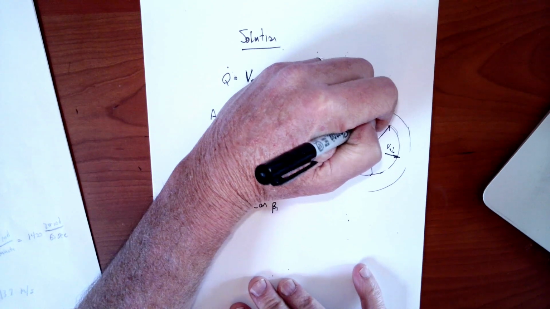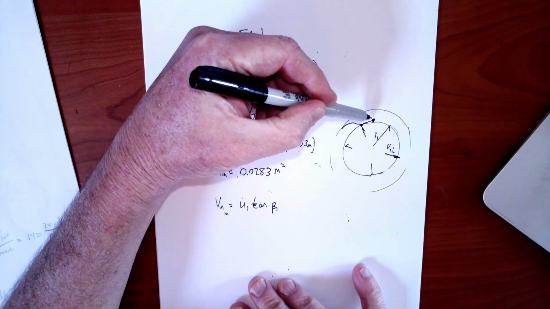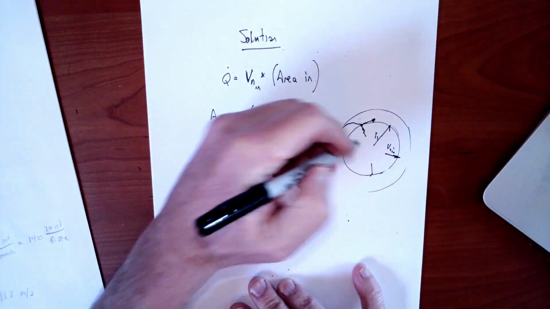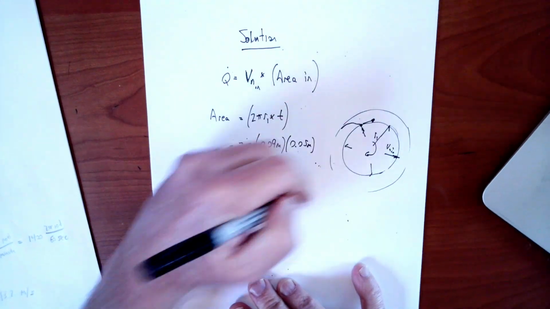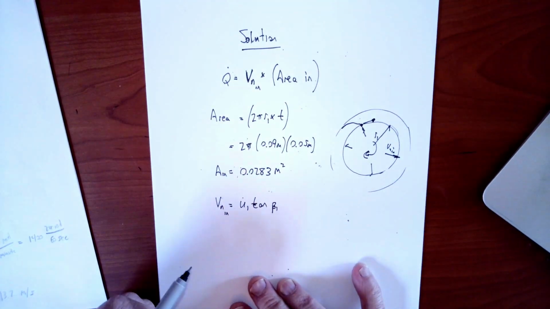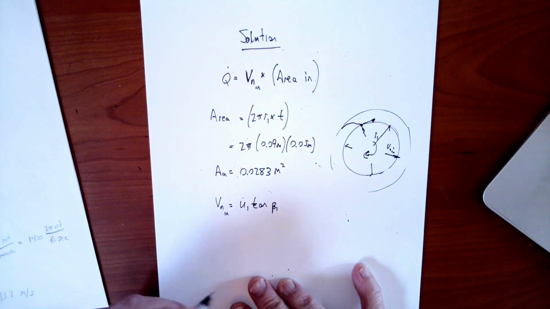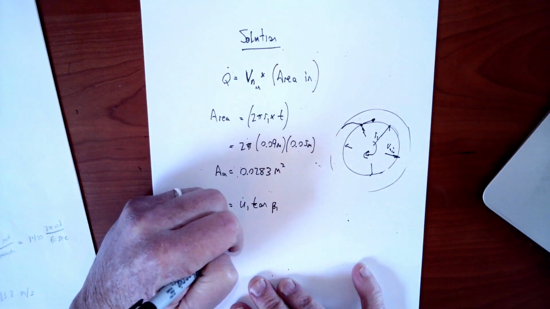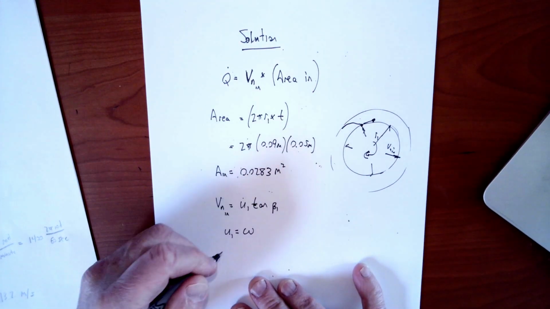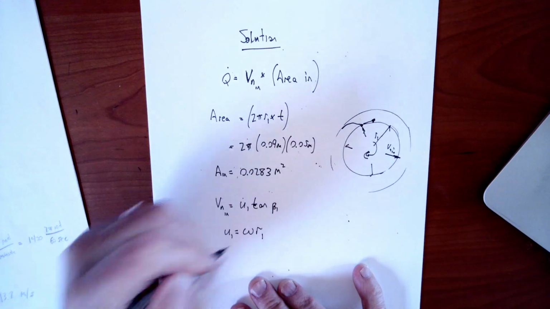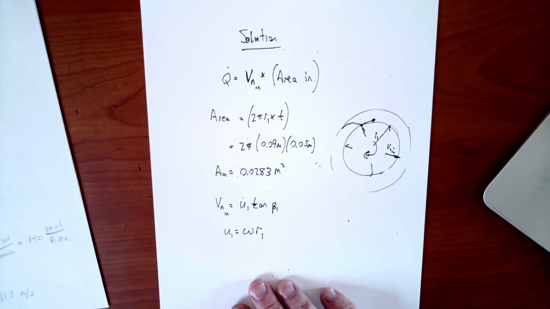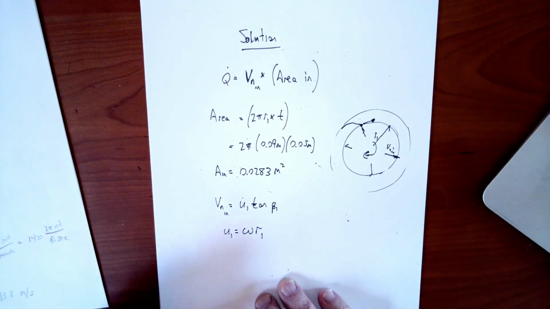So that's going to be this speed right there, the speed at which this blade is moving. That's going to depend on the rotational angular velocity of that axle. So we know that U1, by simple geometry, is going to be the angular velocity in radians per second times the radius. We know the radius, but we do need this angular velocity.